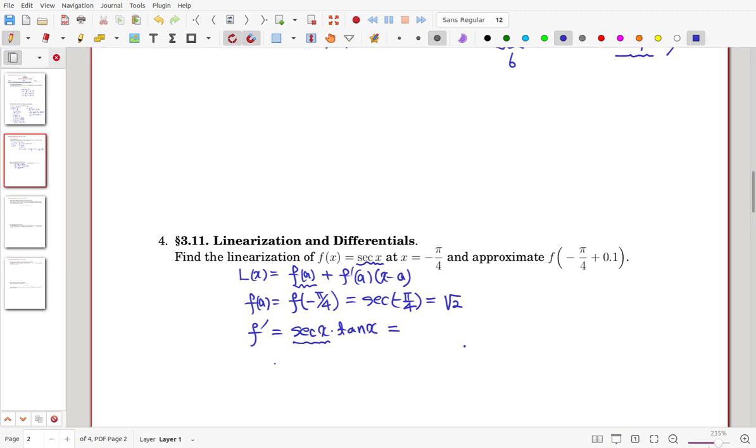In fact, we have to get f prime at minus pi over 4. Already we know that the value of sec is square root of 2, right? And now tangent of minus pi over 4 will be minus 1, so it is minus square root of 2.